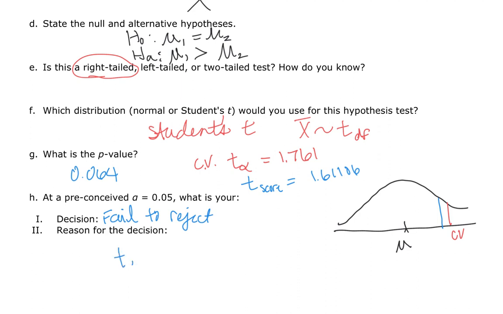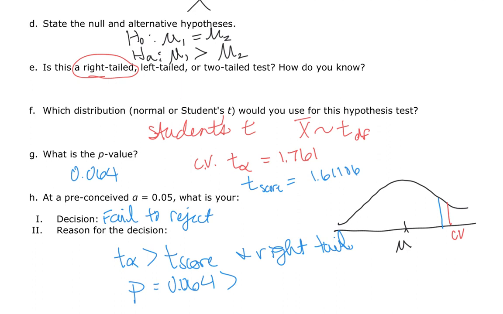My t alpha, which is my critical value, is greater than my t-score, and I'm right tail. And then confirming that is my p-value, which is equal to 0.064, is greater than my alpha, which is 0.05.